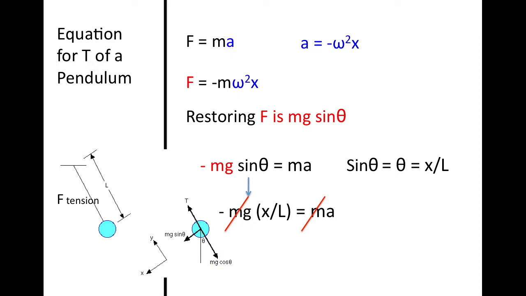When we substitute this into our equation, we get negative mg times x divided by L equals ma. We cancel out the m's, and we have a equals negative g times x divided by L. Okay, so here we have the same equation, a equals negative g times x divided by L. We also know that acceleration equals negative omega squared x.